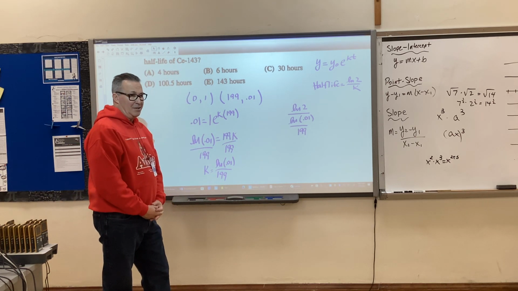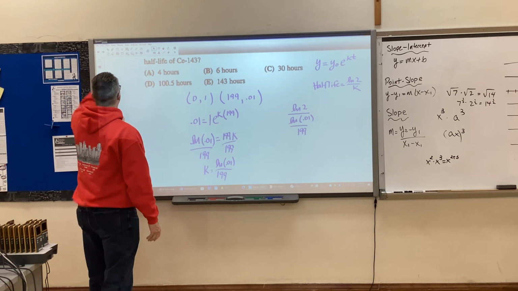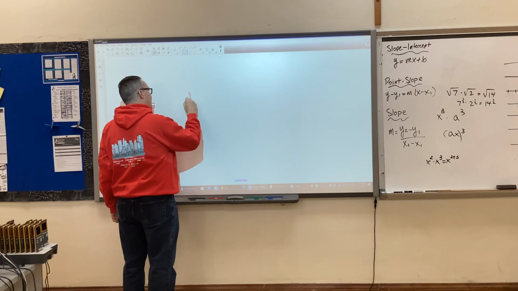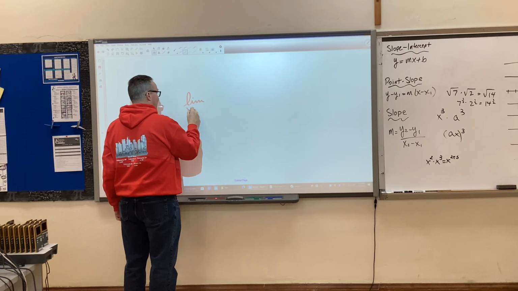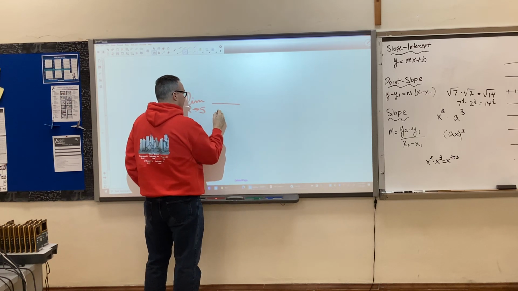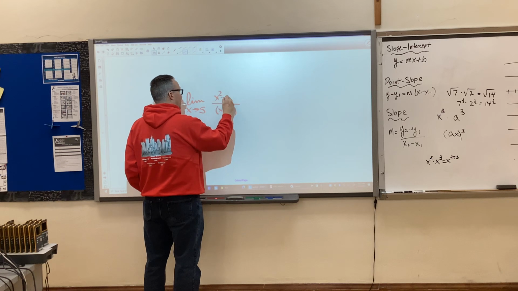Do you guys know what L'Hopital's rule is? It's a way to take a limit. So, if you're taking the limit as x approaches 5 of the fraction x minus 5 over x squared minus 25.